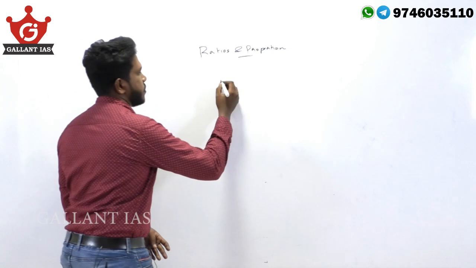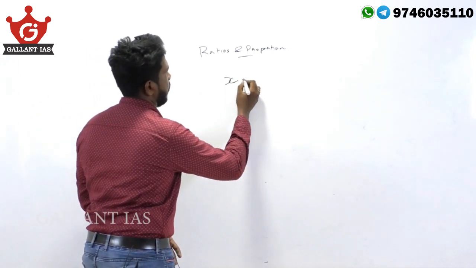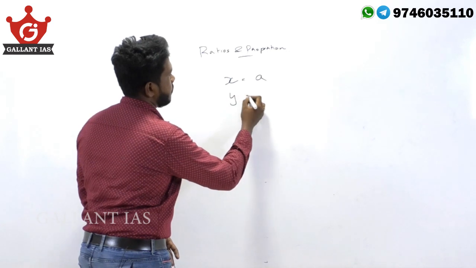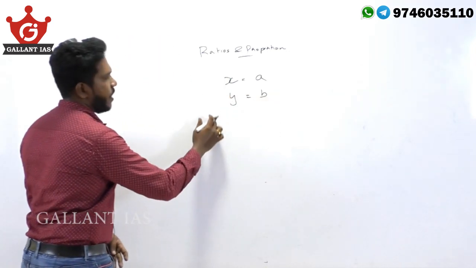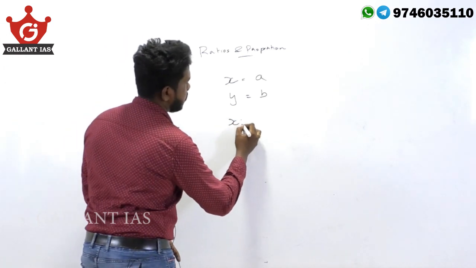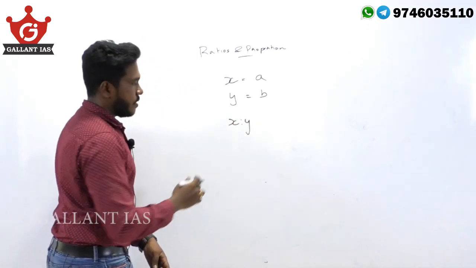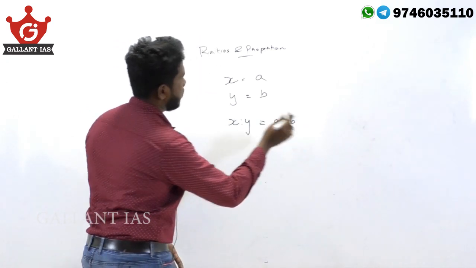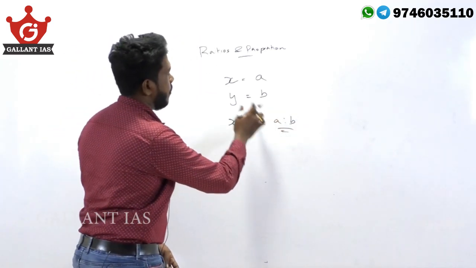Look here, suppose a quantity x is given as a value a and y has value b. In order to find the relationship between x and y, it is denoted as x is to y with the help of a colon. That is, x is to y is what a is to b. This is the ratio of x and y.